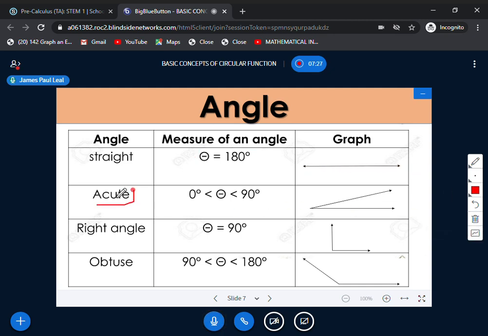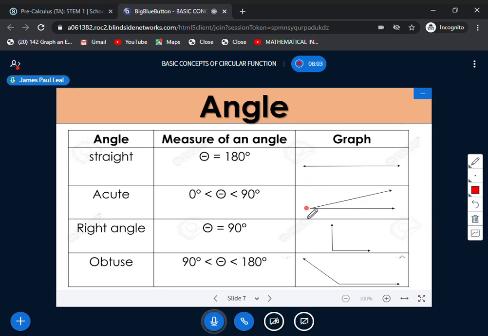While acute, I know you're all familiar with this. If your angle is greater than 0 but less than 90 degrees, it can be between that condition, 0 and 90 degrees, then that must be called an acute angle. For instance, say this is your Cartesian coordinate system, and this one measures 45 degrees, half of the 90 degrees.